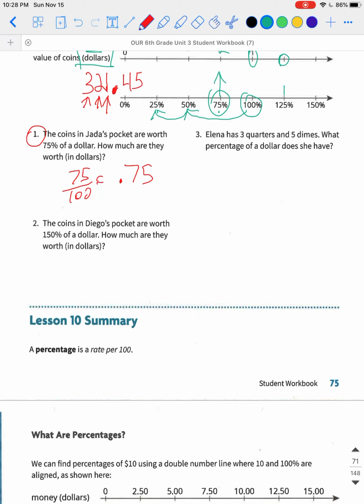If I put a 5, that would be 5 hundredths. And our next decimal place would be the thousandths. So the 6 would be in the thousandths. But today we're really going to focus on just the tenths and the hundredths place. So we have our hundredths place is 5, and our tenths place is 7, which is 75 cents.